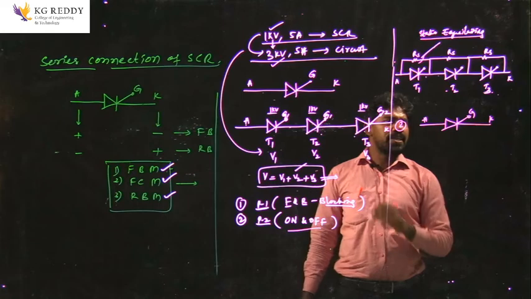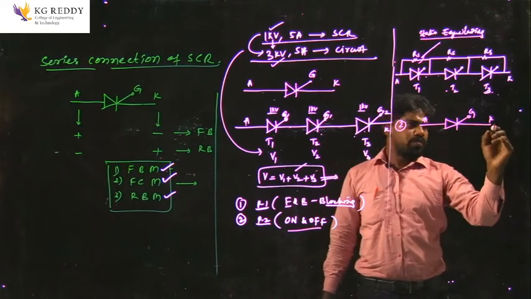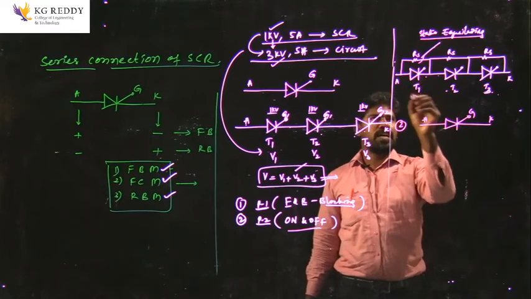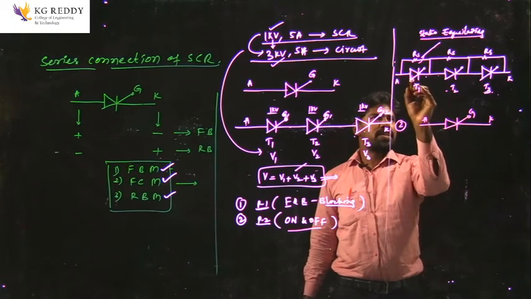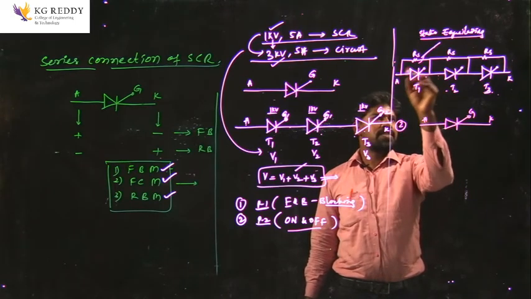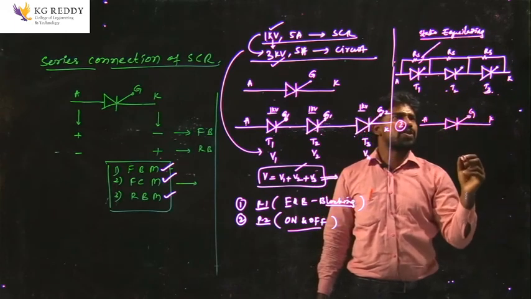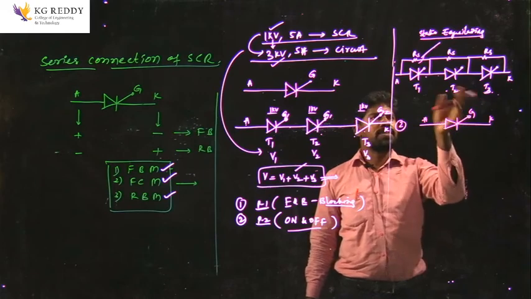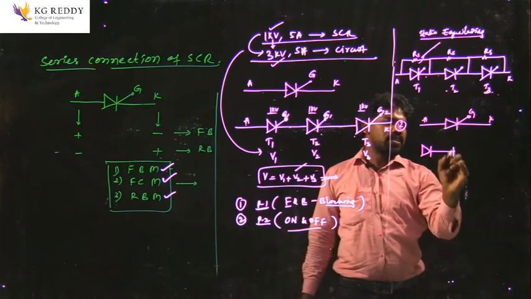If a number of SCRs are connected in series, as in this diagram, the first SCR triggers, and the remaining SCRs may face an overloading problem.